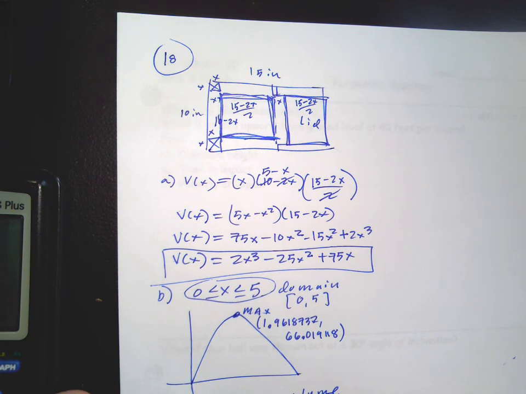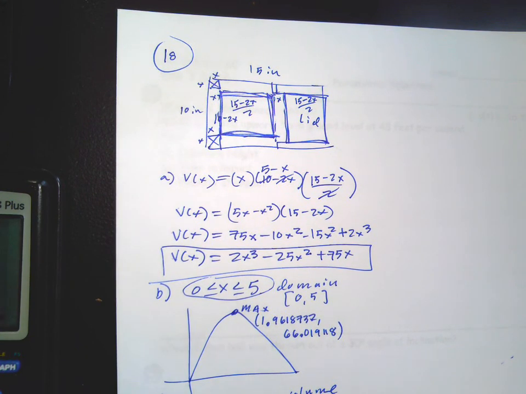The units are inches cubed when the cut, did they tell us to use x? The cut x equals 1.961 inches. So something like that.